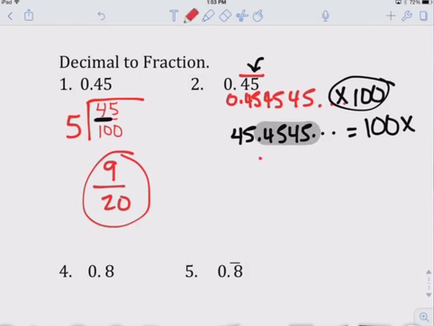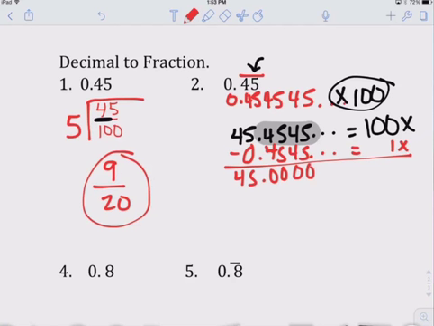So we put 45 dot dot dot, minus them. That's a 0. That equals 1x. Rid of that. 45.0000 equals, subtract, 99x.